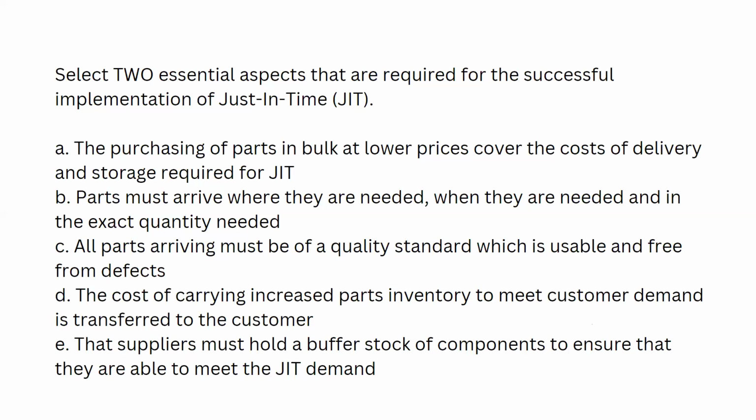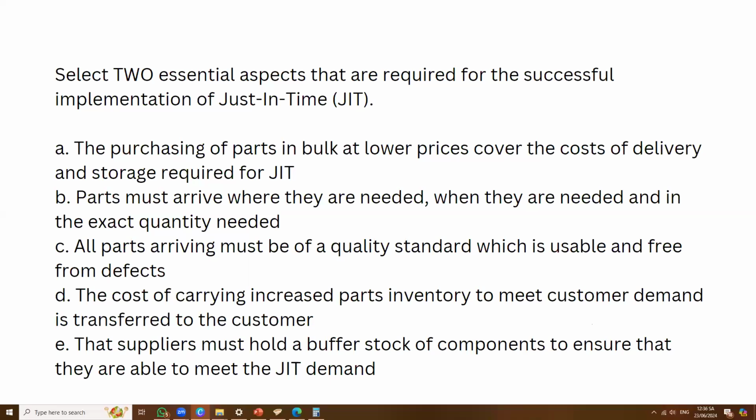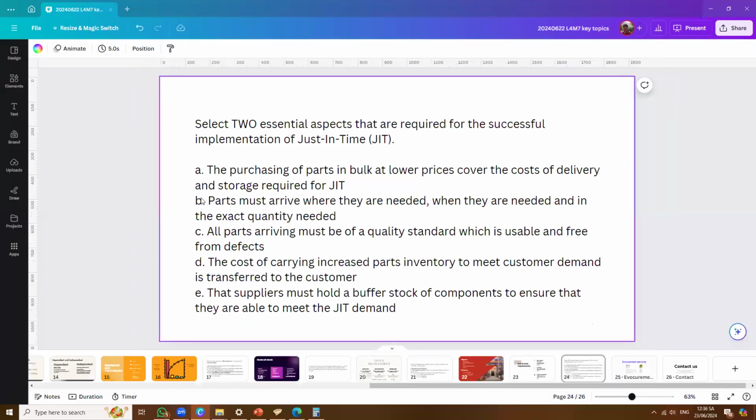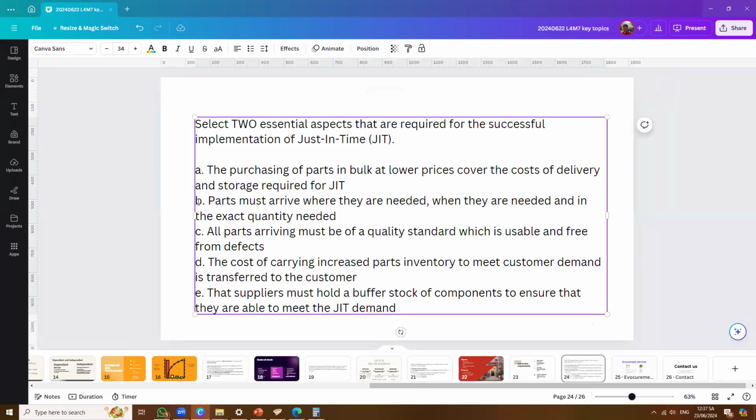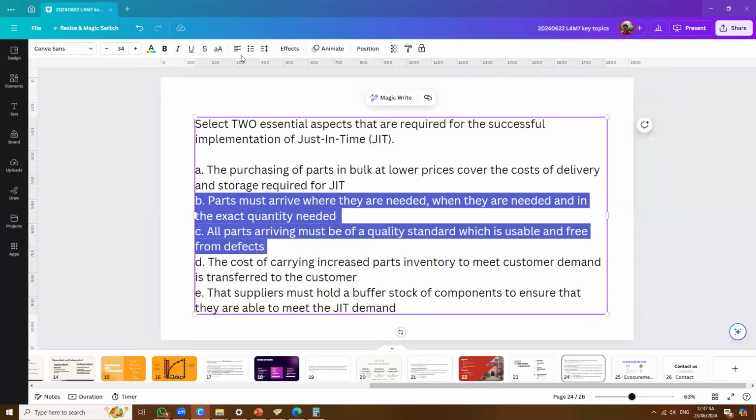So we need a very strict quality standard, and the supplier needs to deliver items that can be immediately used in production. So C is correct, together with B, where the item needs to be delivered at the right time, strictly, and also at the right quantity. So B and C are correct.